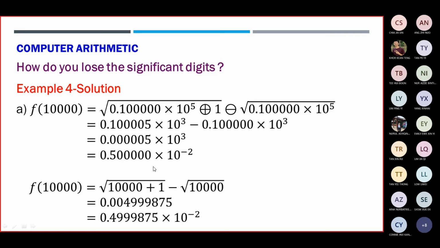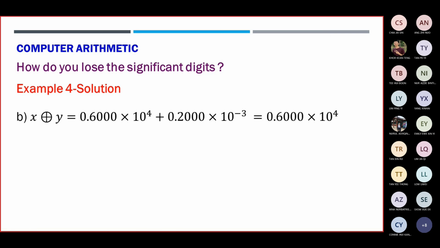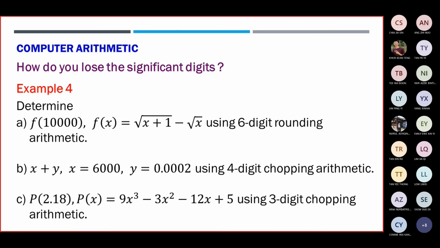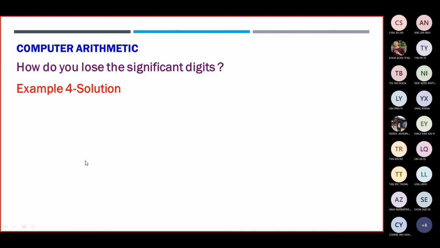All right, second one, similar. You use x plus y using computer arithmetic. The value of x is already given. Oh no, x and y.